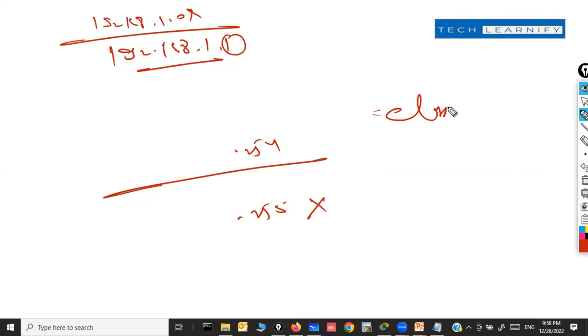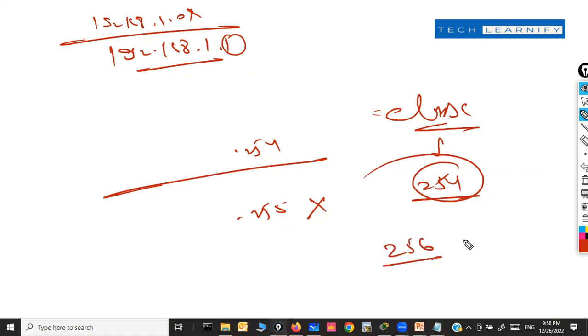Hence, in a class C network, the maximum there can be is 254 valid usable IPs. Two IPs are excluded. In fact, there are 256 IPs in total, but we are subtracting two IPs, the first and the last. So a total of 254 IPs. Agreed? Only 254 IPs.